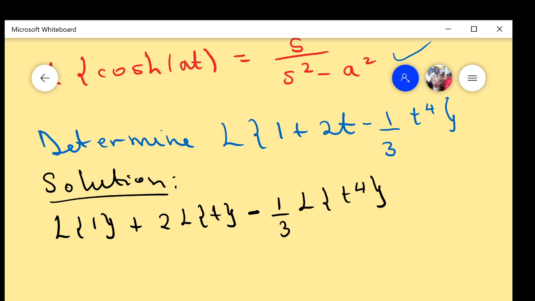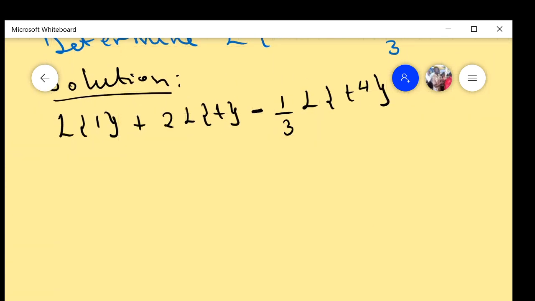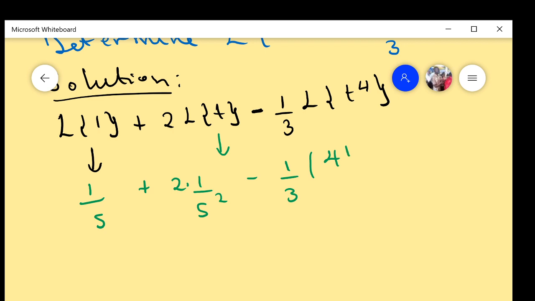What is the Laplace transform of 1? It is 1 over s. The Laplace transform of t is 1 over s squared. And the Laplace transform of t to the power 4 is 4 factorial over s to the power 4 plus 1.